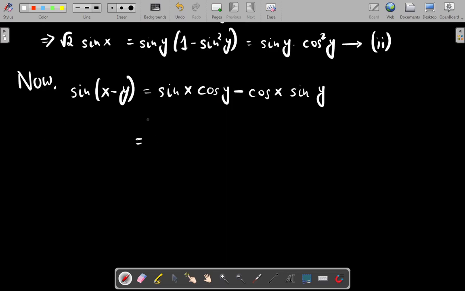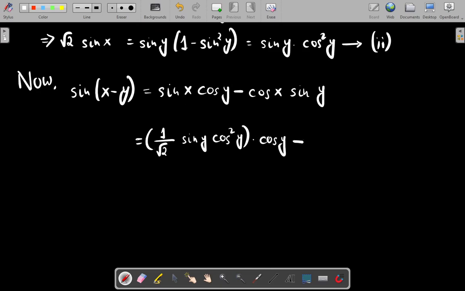Now from equation 2, sin x can be written as 1 upon root 2, since this root 2 is coming in the denominator of the RHS of equation 2, right? Sin x can be written as 1 upon root 2 times sin y cos square y. Okay, this is just sin x times cos y.